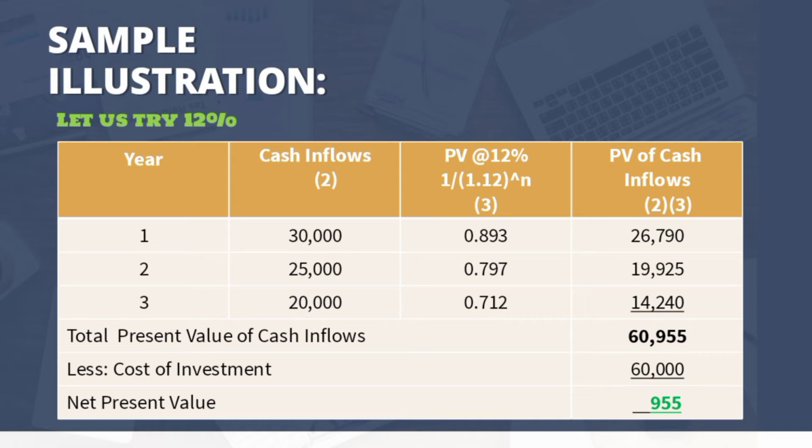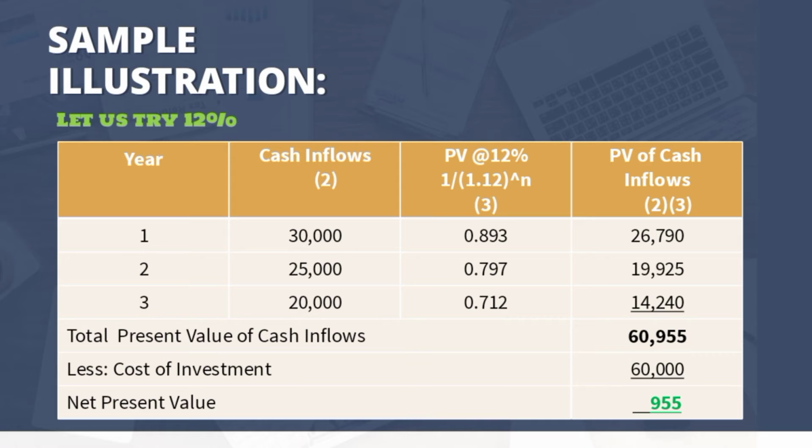I-multiply natin yung cash inflows to the present value factors. Then, we could get 26,790, 19,925, and 14,240. Then, total lang natin yung present value of cash inflows, which is equal to 60,955. Then, less natin yung cost of investment, which is 60,000. Then, we could get the net present value of 955.